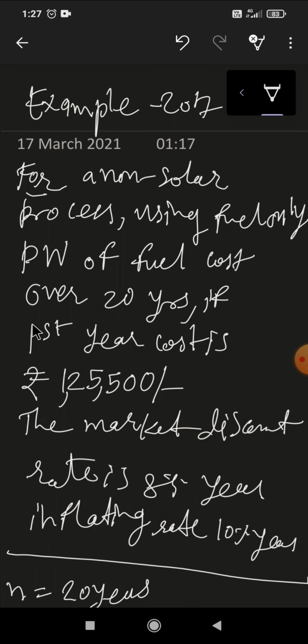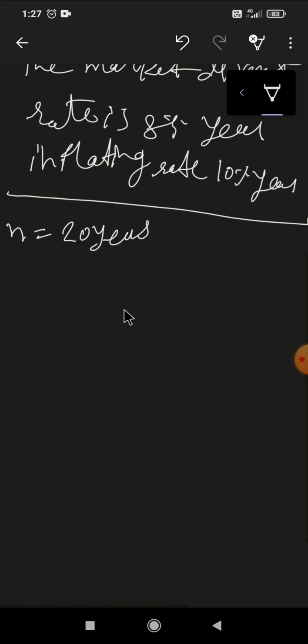So n is 20 years, then E1, that is the first year cost, is 1,25,500, and the discount rate D is 0.08, and inflation is 0.1.